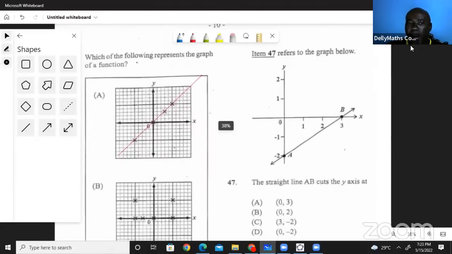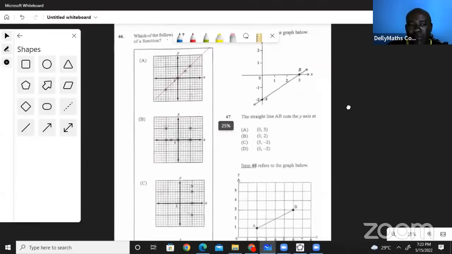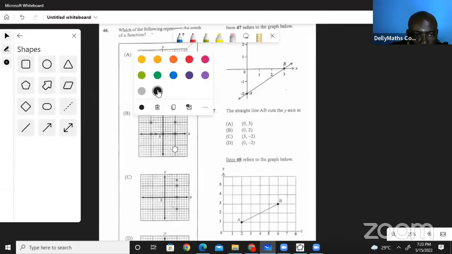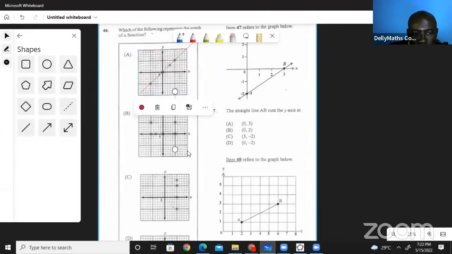But what would have made the others not a function is that if I do a vertical line test and I see one vertical line passing through two values at one time, it makes it not a function.